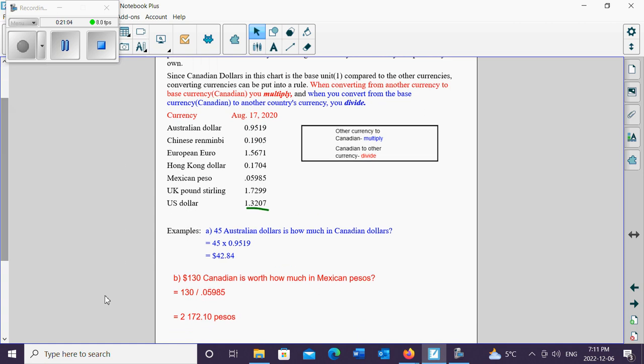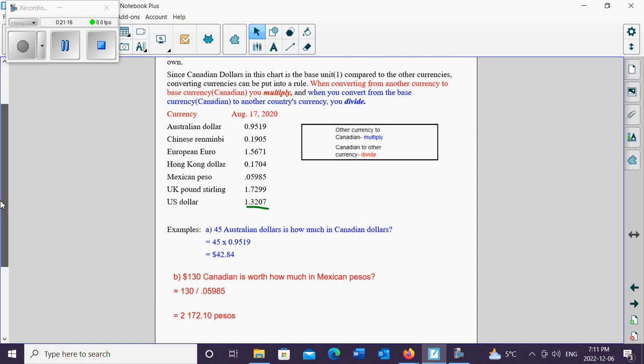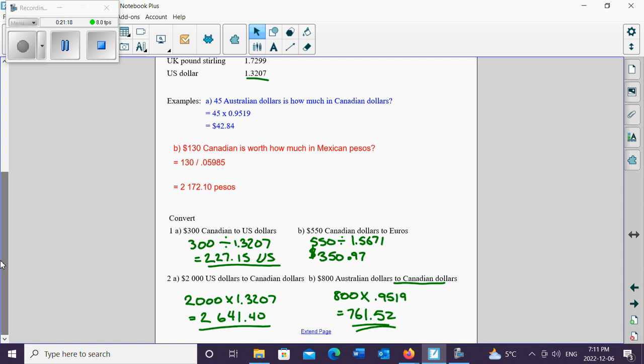Yes, I did. And when you divide it, it's 2,172.10 pesos. If I had $130 Canadian, I could buy 2,172.10 pesos. And here are a few examples that I did. I'll show you tomorrow again when I do the whole thing. But that's how you do that.